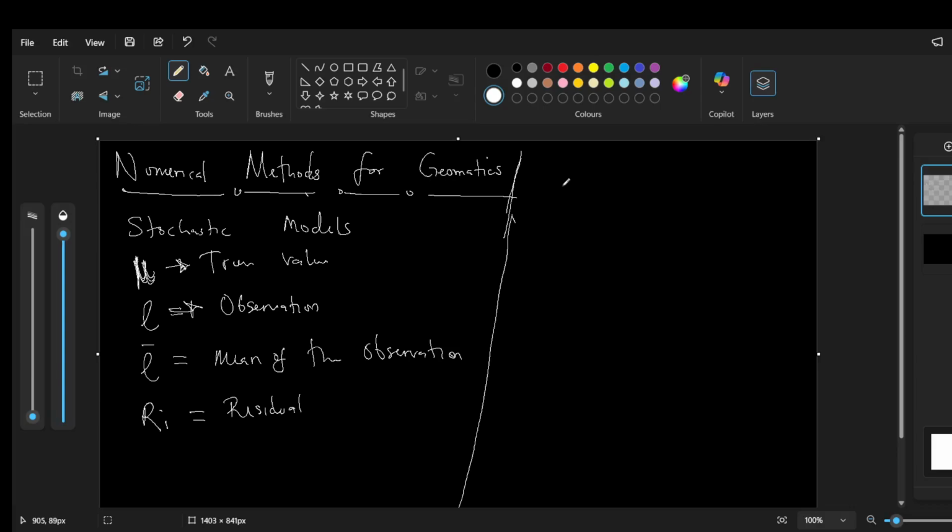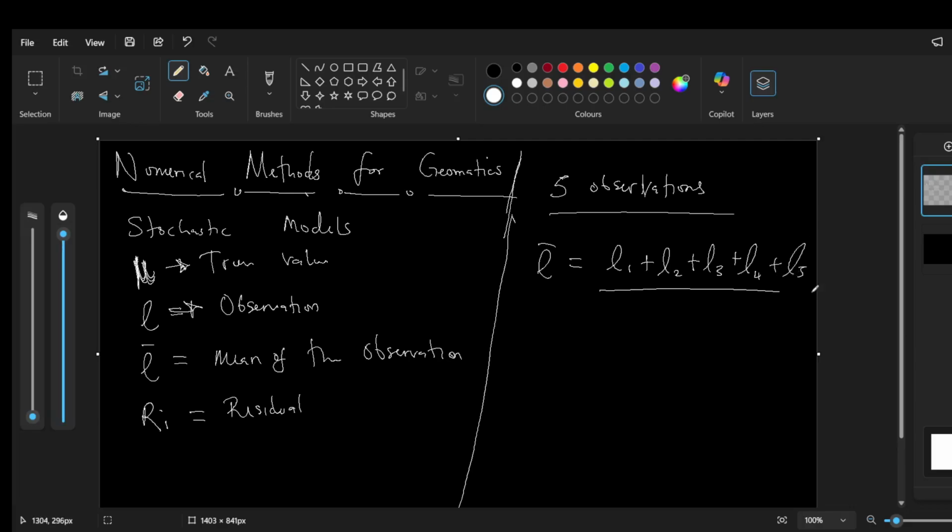So if you make 5 observations of something, the average will be L1 plus L2 plus L3 plus L4 plus L5 divided by 5. This is the average.